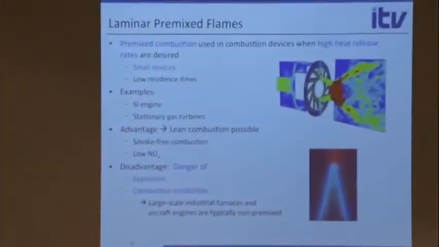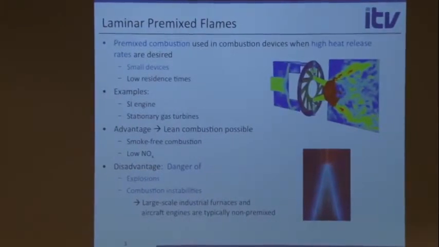As long as the heat release is not at constant volume, the thermal efficiency is a little lower, okay? So the faster the combustion process in a gasoline engine or spark ignition engine, the better. And so premix combustion, that's the right thing here. It makes combustion devices small, it creates low residence times and so on. Small combustion devices are good.